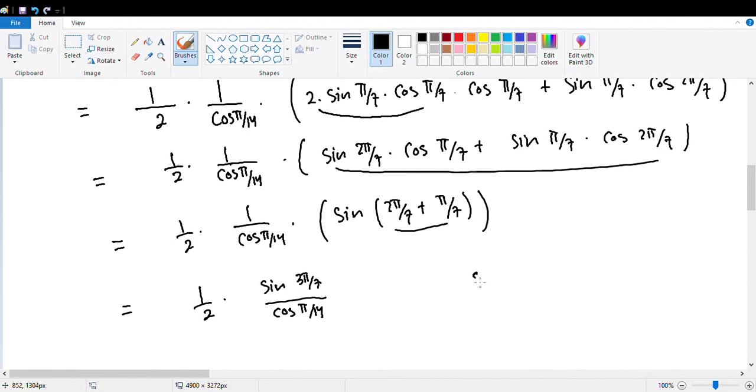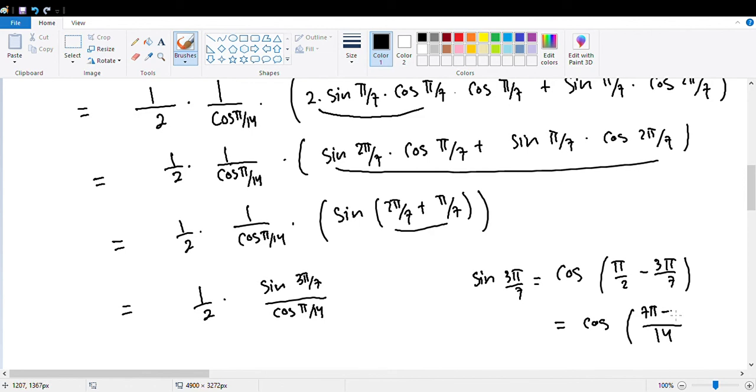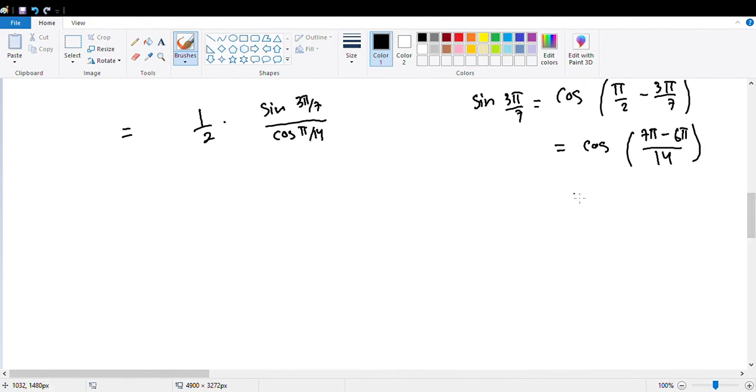So remember that sine 3 pi over 7 is equal to cosine of (pi over 2 minus 3 pi over 7), and it's equal to cosine of (7 pi minus 6 pi) over 14, so sine 3 pi over 7 is equal to cosine of pi over 14.